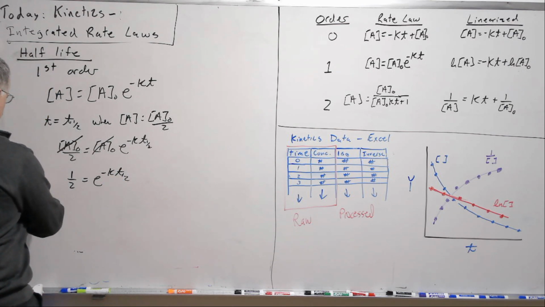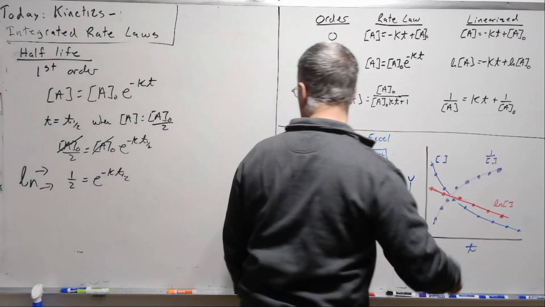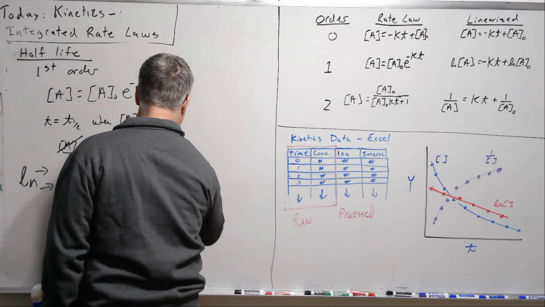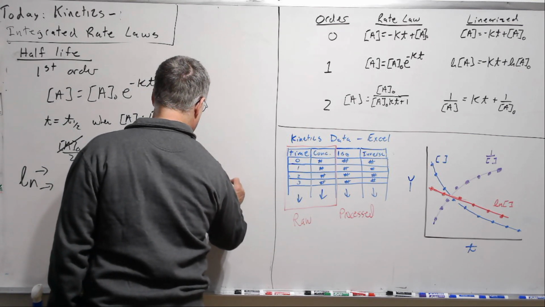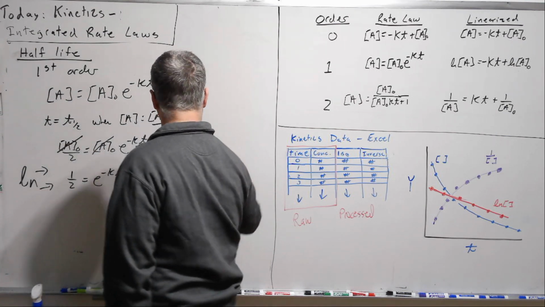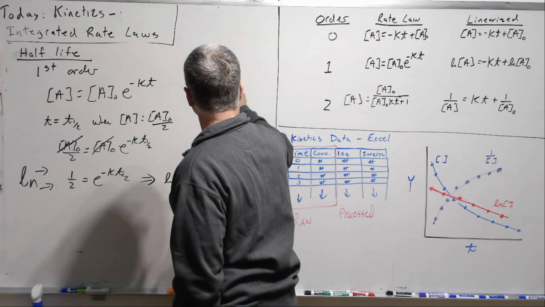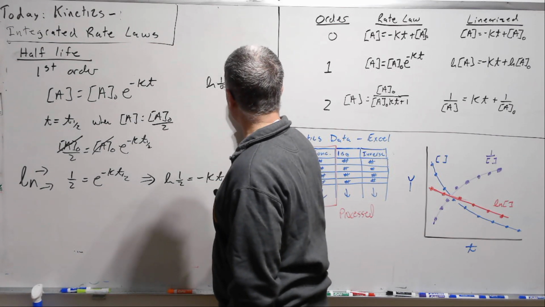I'm going to go through and again use my notation here where I'm just going to log the whole equation. Now I'm going to use a property of logs. Log of 1 over a is minus log of a.